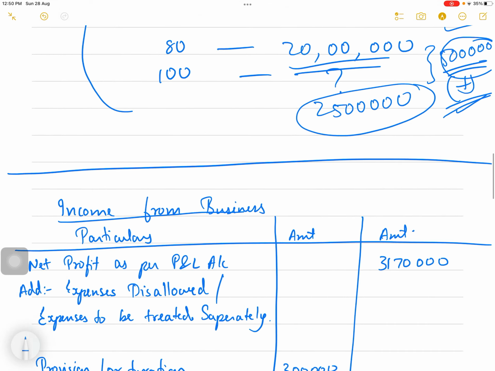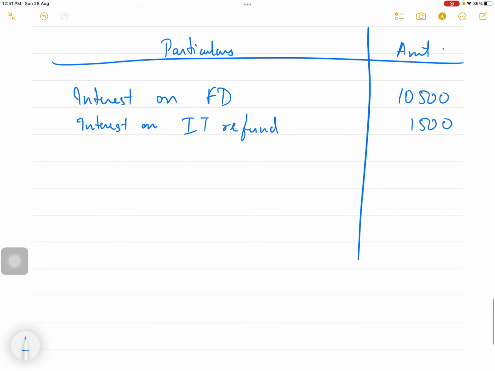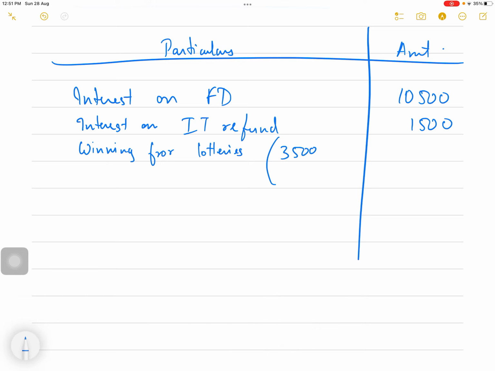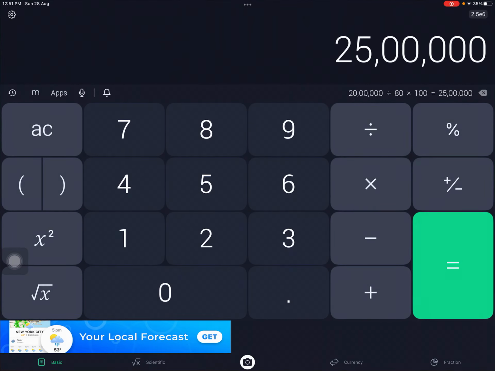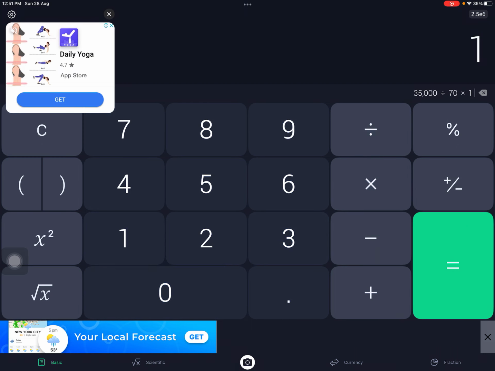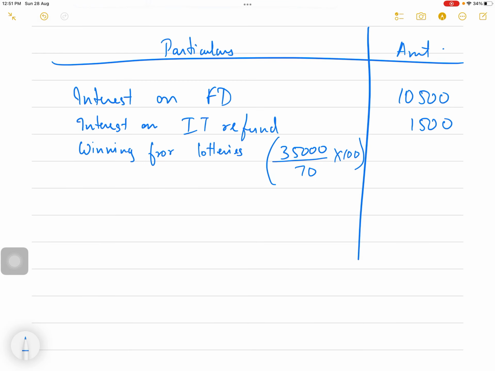Next, winning from lottery 35,000, net amount it is. The TDS is 30%, correct? So this 35,000 is the net amount, that is 70 into 100. 35,000 divided by 70 into 100 comes to 50,000.